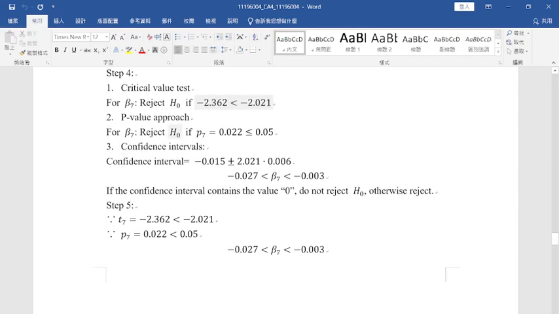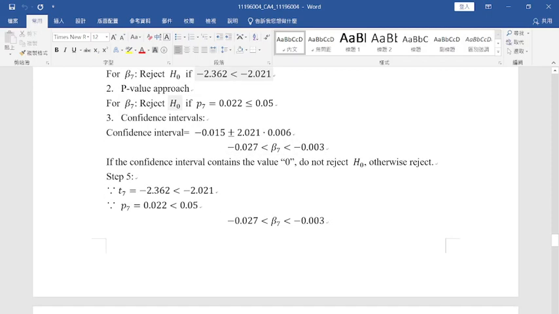And as for the confidence interval, it is according to the formula: the coefficient plus and minus the critical value multiplied by the standard error of the coefficient, and then we get this range. If the confidence interval contains the value 0, we do not reject the null hypothesis.